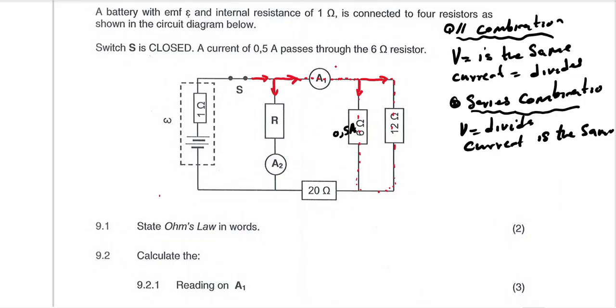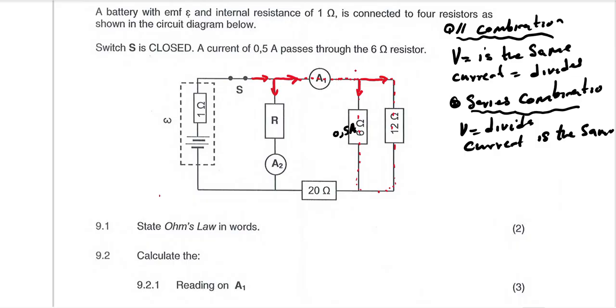That's why we know that the current of A1 is this current here, but it splits into 2. So if we can find the current of the 12 ohm and the current of the 6 ohm, it will give us the current of A1. Why? Because the current that passes through the 6 ohm and the current that passes through the 12 ohm, when we combine them, is the current of A1, because it splits at this point.